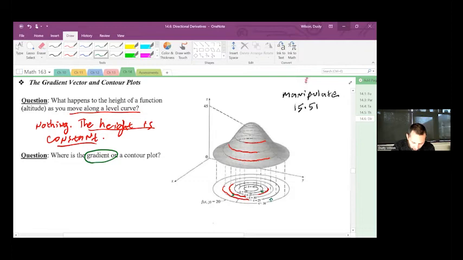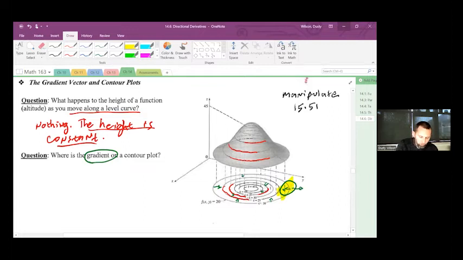So the gradient is always going to be perpendicular to the level curves. And you'll notice that there's actually two vectors that are perpendicular. You could sort of aim in or aim out. And we're going to choose the one that's aiming in.